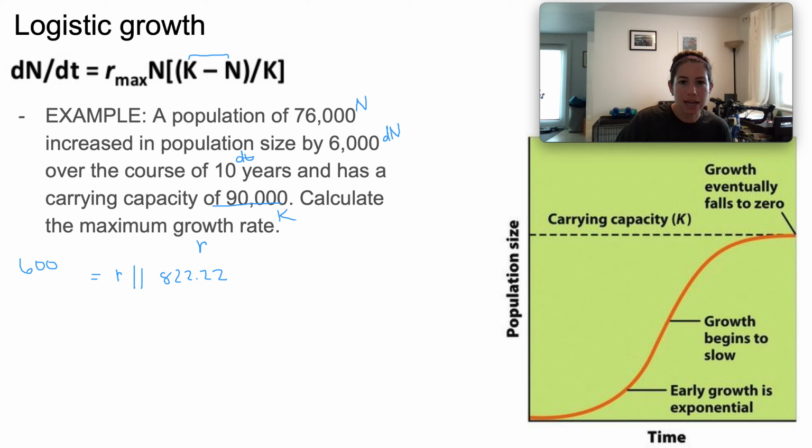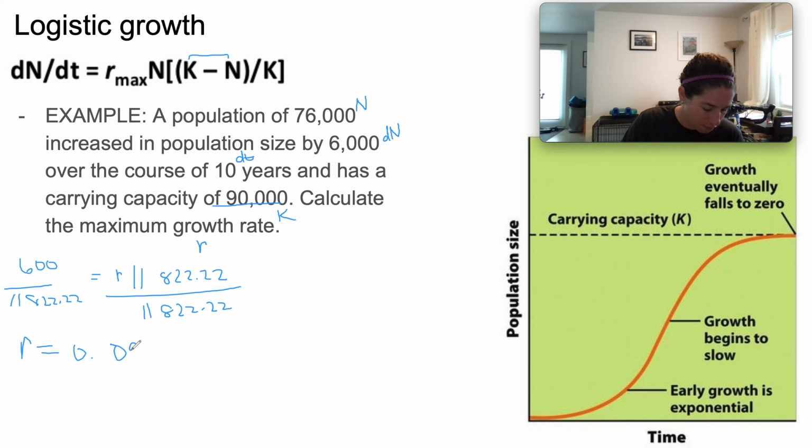And now we can divide our final step, 11,822.22, from both sides, and then we'll get our R. And I got 0.0508.